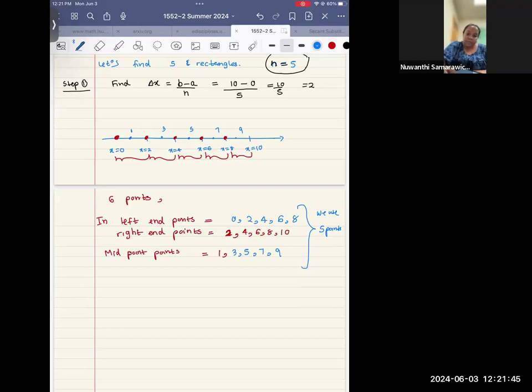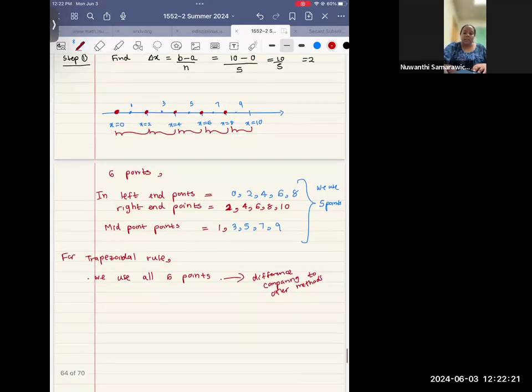So for the trapezoid rule, we use all 6 points, compared to the other methods.